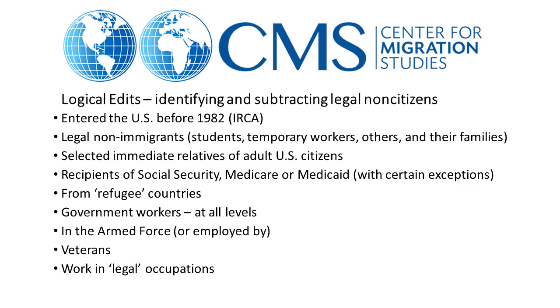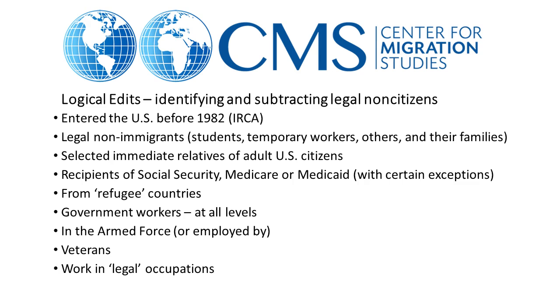Most of the immediate relatives of adult U.S. citizens we considered to be legal residents. If people were receiving Social Security, Medicare, and other benefits that are restricted to legal residents, we considered them to be legal residents. In the case of Medicaid, if they were under 18, we didn't automatically assume them to be legal because children in many states can receive Medicaid. And the other exception was mothers who had children within the past year. They would also be eligible for Medicaid.